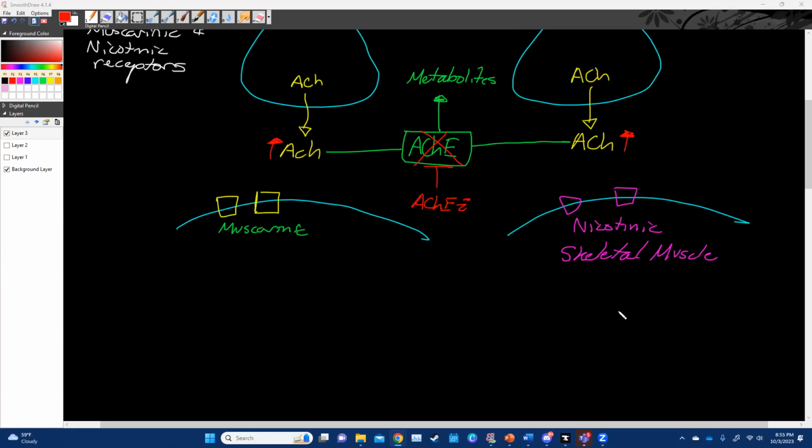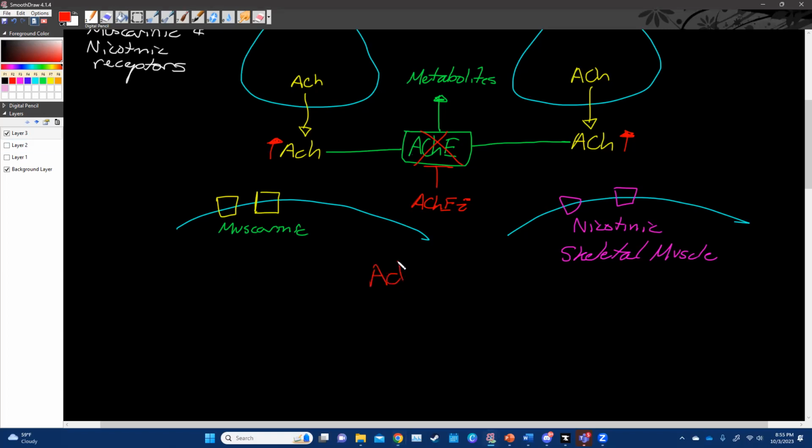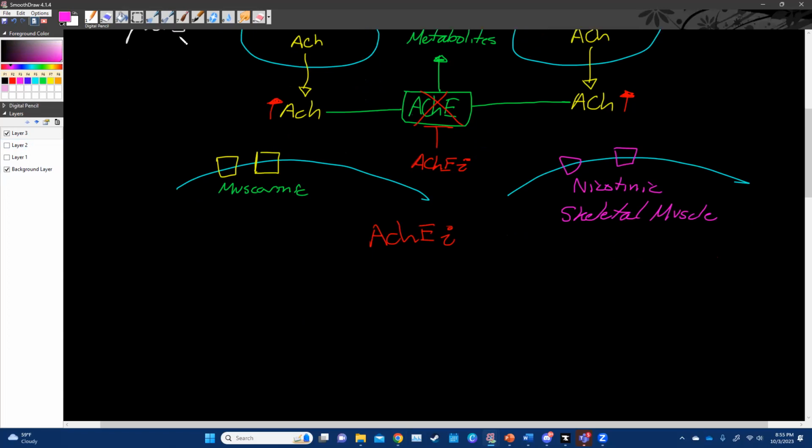For our acetylcholinesterase inhibitors, the major component of them is that they are going to inhibit acetylcholinesterase at the skeletal muscle.